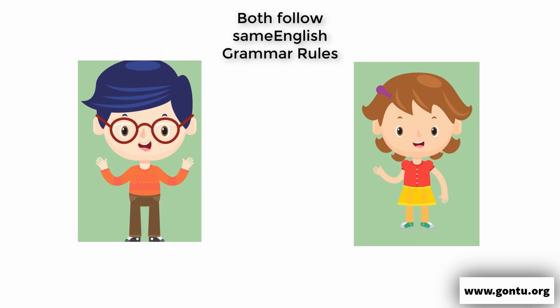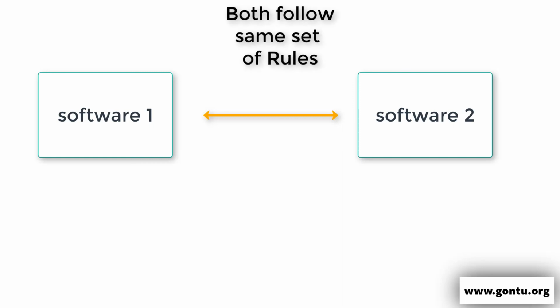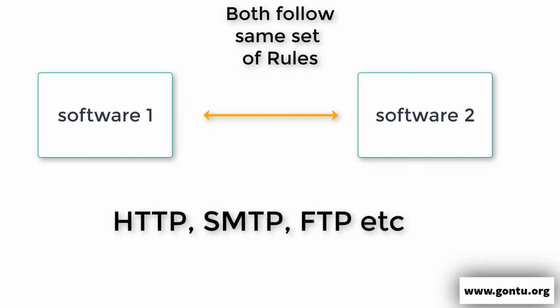In the same way, when two softwares communicate with each other on the web, they also need to follow certain common rules to have effective communication between them. Now, there are different sets of rules and regulations that exist on the web, which have been provided by many organizations around the globe, like HTTP protocol, SMTP protocol, FTP protocol, etc. Now, what set of rules and regulations softwares on the web are going to follow while communicating depends on what kind of softwares are communicating with each other.